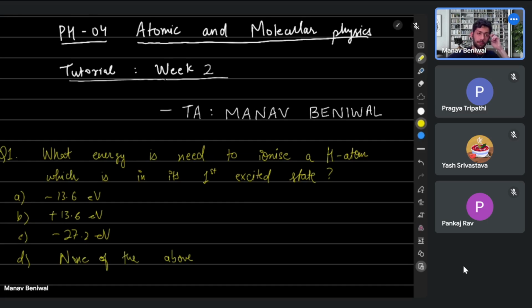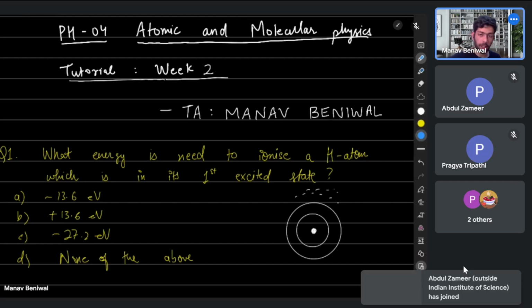Okay, so we have a hydrogen atom. Let's say this is the nucleus. Let's say this is the ground state, and then this is the first excited state, and so on. We have other more excited states. So the electron, where will the electron be?